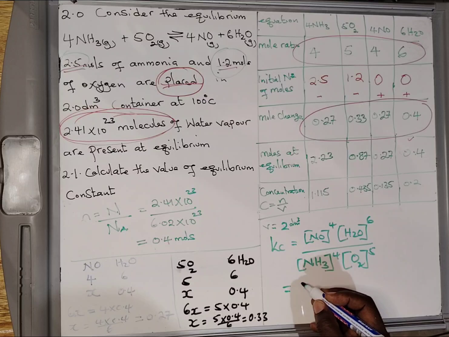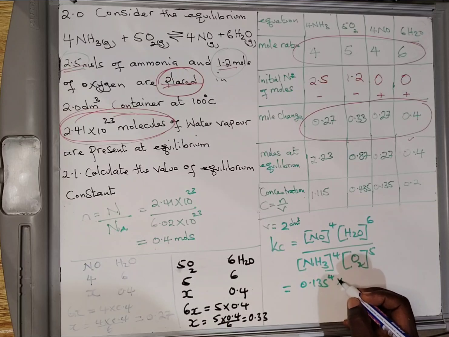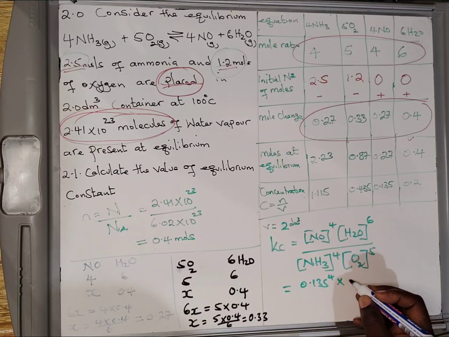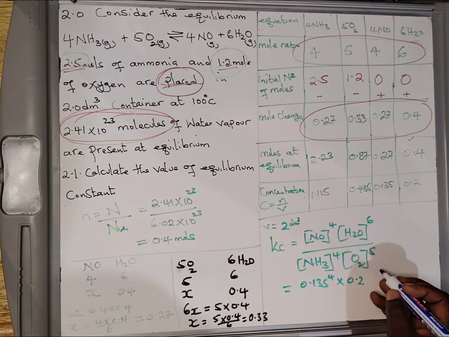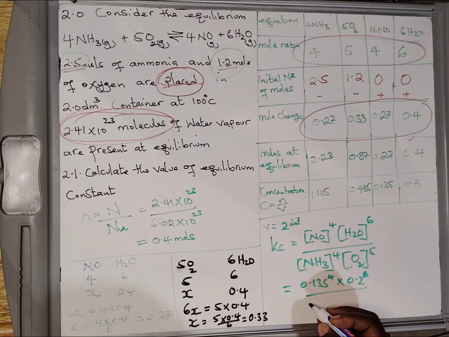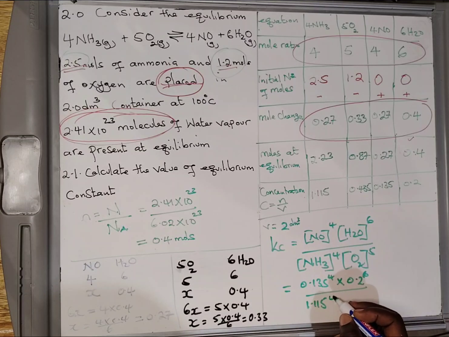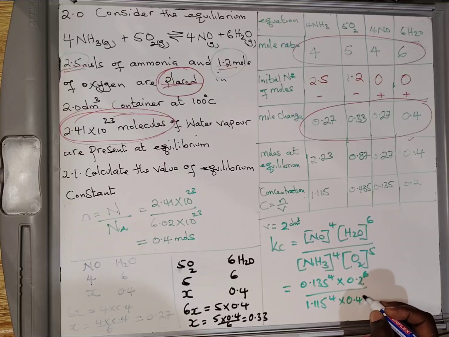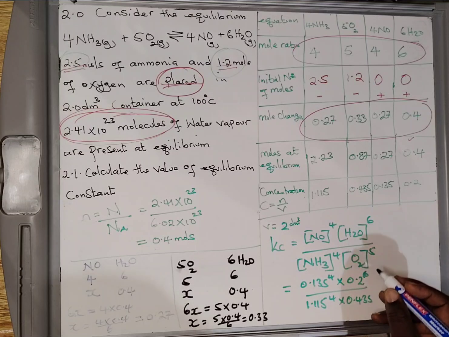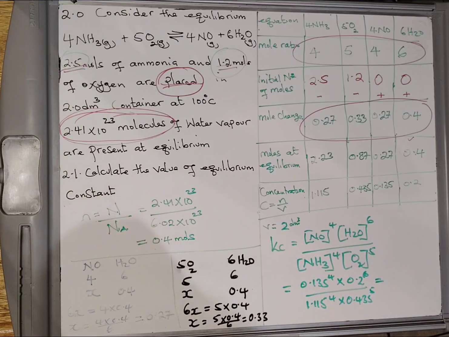So what do you get? NO is 0.135 to the power 4 times water vapor 0.2 to the power 6, divided by ammonia, which is 1.115 to the power 4, times 0.435 to the power 5, and what you get will be the Kc value.